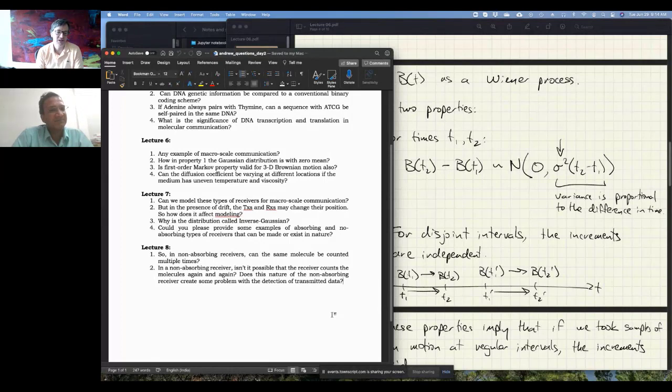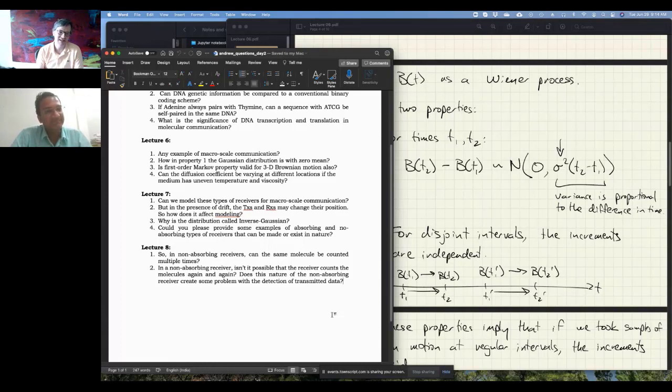In fact, you can show there's a theorem that states that absorbing receivers have the highest possible capacity of any timing-based receiver. So if you're interested in ultimate limits, what you're interested in is absorbing receivers. On the other hand, in experimentation, sorry. Could you clarify, highest or lowest? The worst case or highest? Highest. They're the best case, and it's for exactly the same reason that I just mentioned.